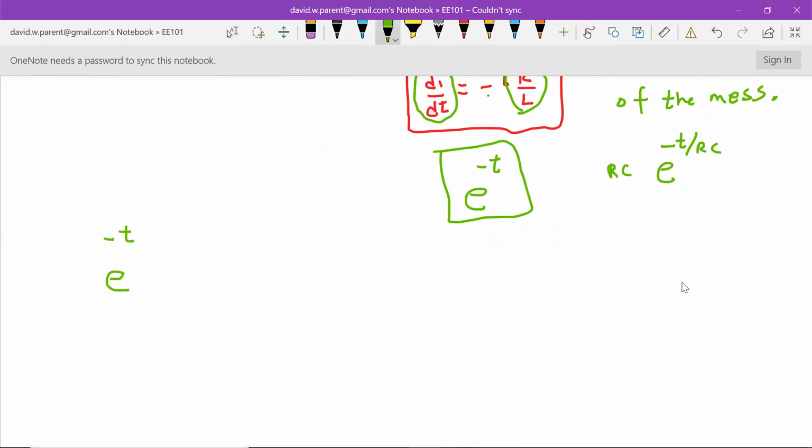E to the minus t, and then I'm going to put L question mark, R question mark. Well, L is an energy storage element, right? It stores energy.